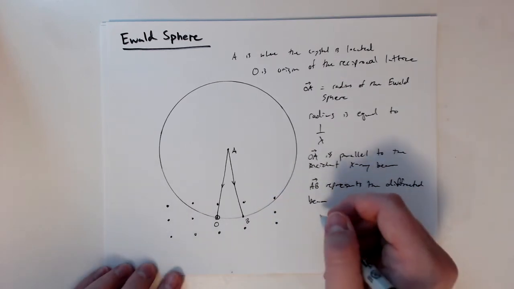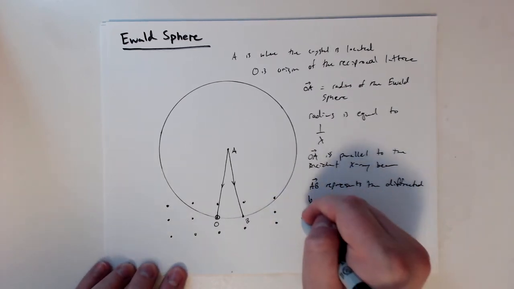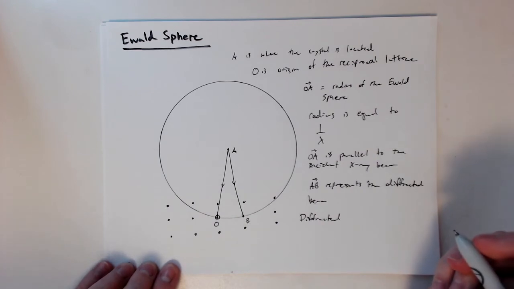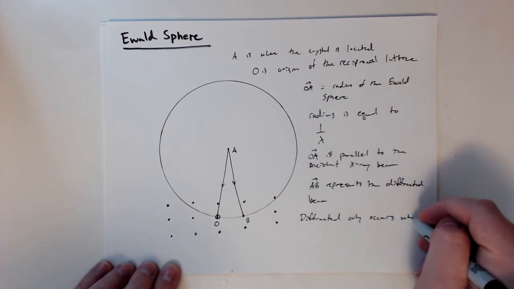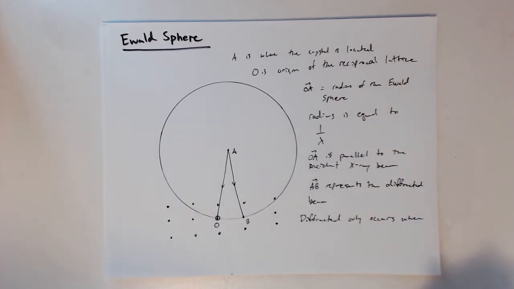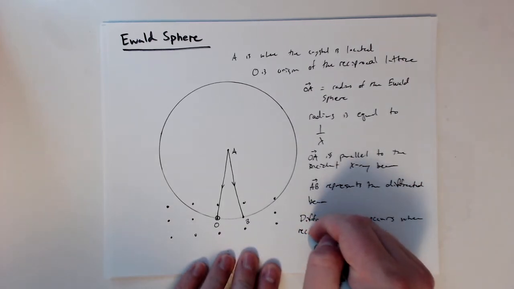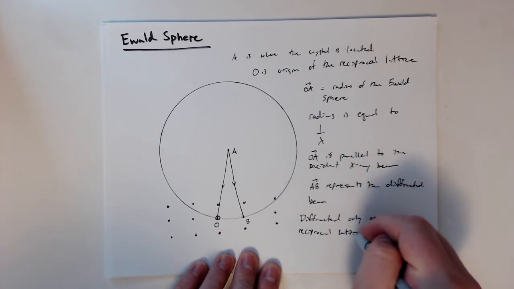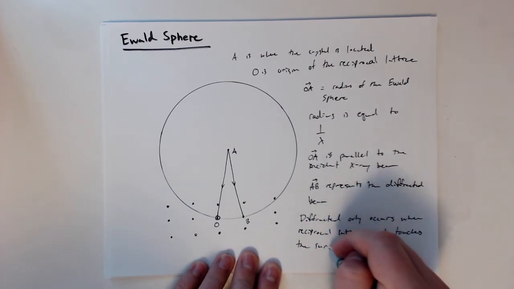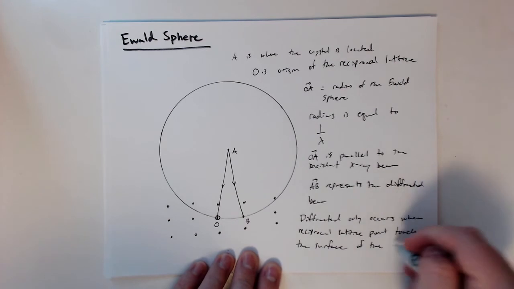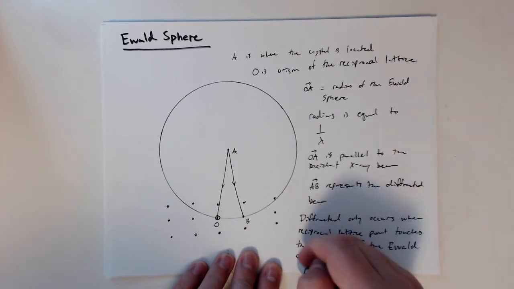Here's the important part about the Ewald sphere: diffraction, as specified by Bragg's law, only occurs, meaning the necessary Bragg conditions that give us constructive interference only occur, when the reciprocal lattice point touches the surface of the Ewald sphere.